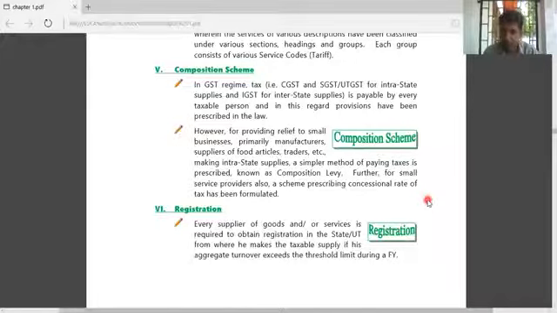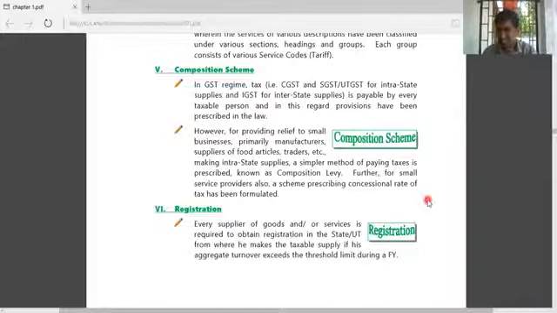I cannot charge GST. And what I should do is, from my own pocket, pay a fixed percentage, say 1% or 5% or 6%, directly to the government. So it is an out-of-pocket expense. If I am paying it from my own pocket, there is no need to maintain records of all the invoices and everything. I need not maintain the list of inventory.